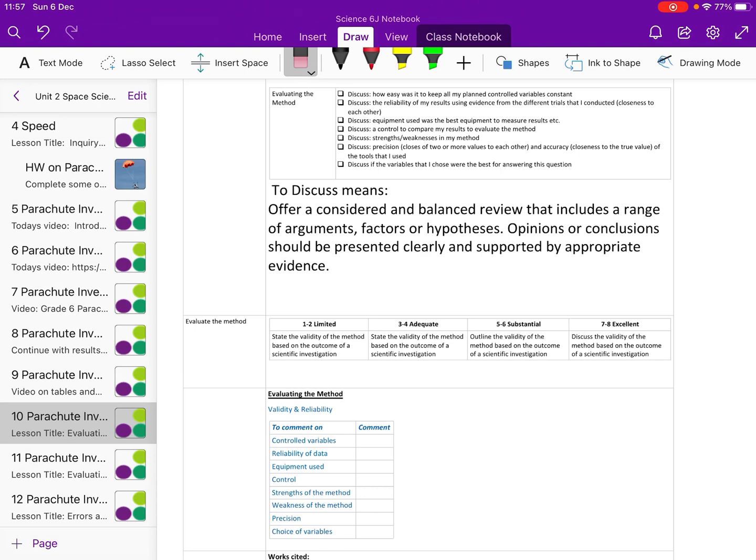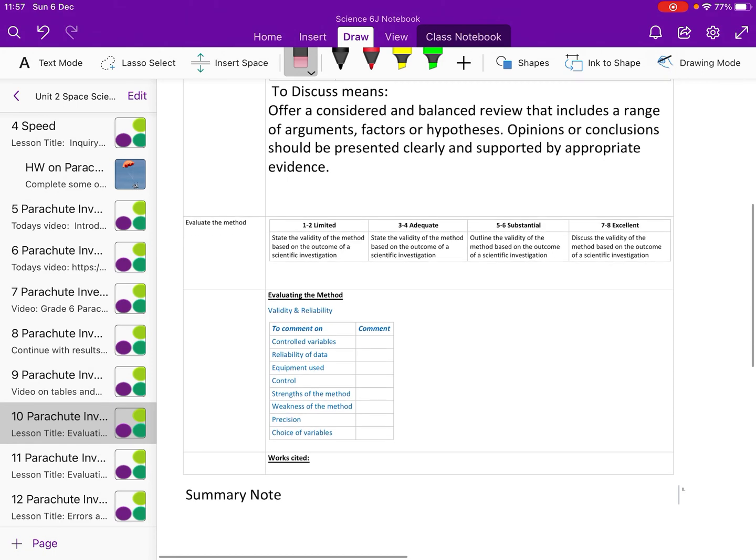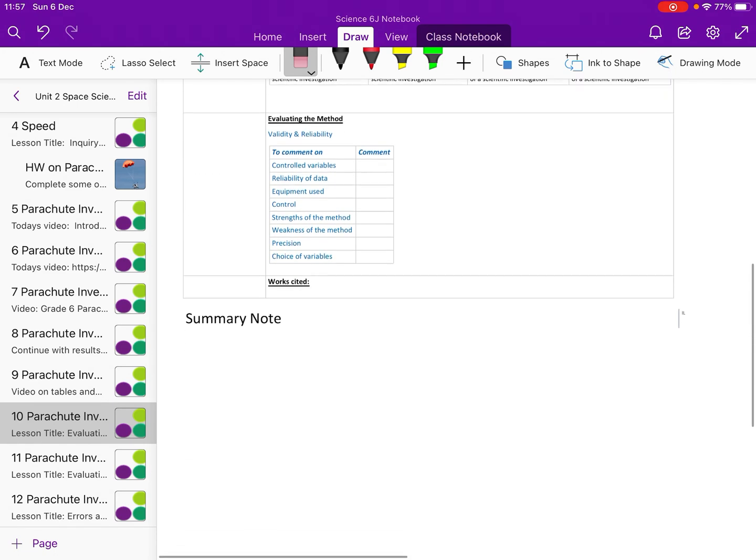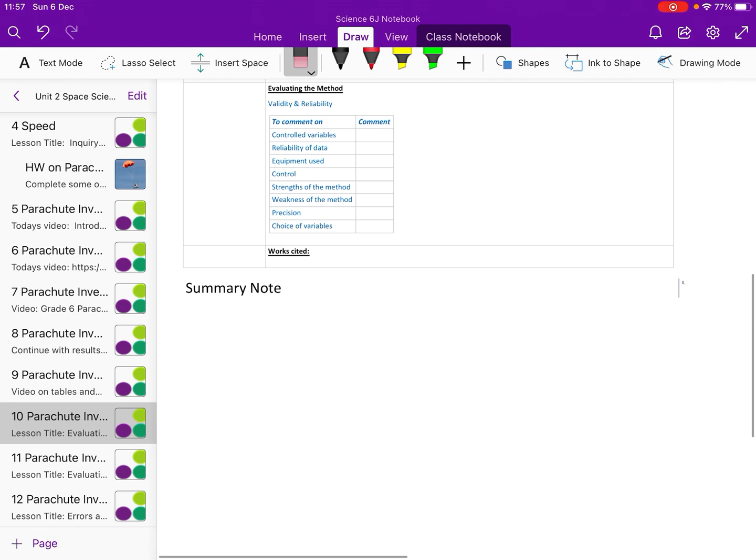But you can look stuff up, and there are people that have done similar studies, and they have commented on their thing. So you can look that up, and you can use their comments and their suggestions, and you can compare yours to them. If you do that, you have to cite it and say what website that was that you got it from or what book you were using. But yeah, again, probably not going to happen.